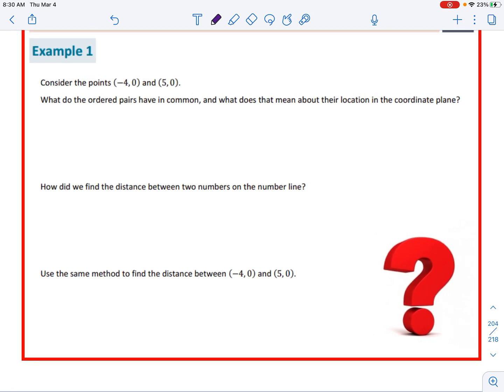Let's move on. It says, consider the points -4, 0 and 5, 0. On your blank coordinate plane, go ahead and plot those 2 points. It should be on the x-axis.